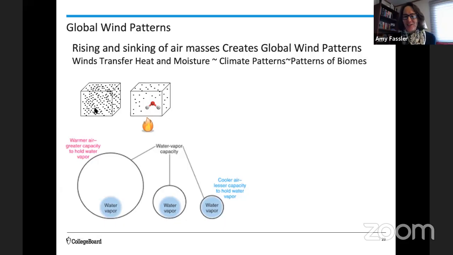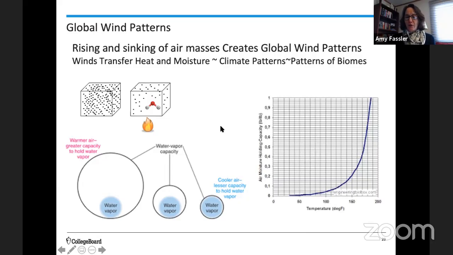Now we're relating this to the hydrologic cycle. As that warm air mass that can hold all kinds of water rises and cools, it can't hold as much moisture. We get condensation, and all that moisture falls as precipitation. So if I look at this graph, I can see that there is a direct relationship between temperature and the moisture holding capacity.